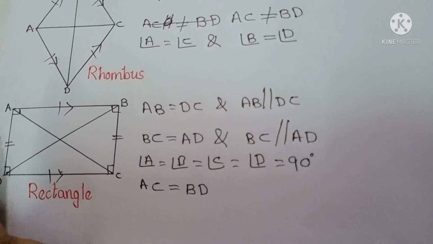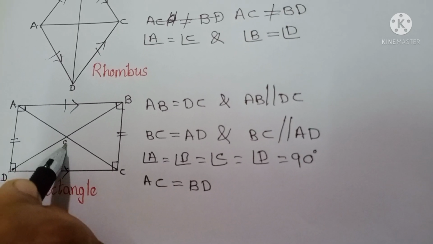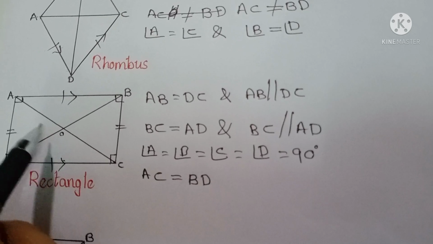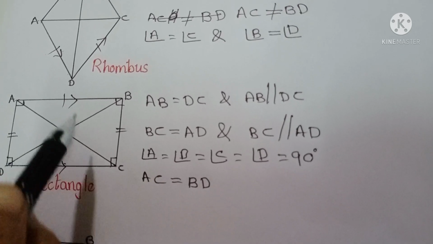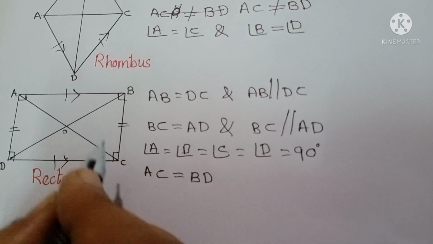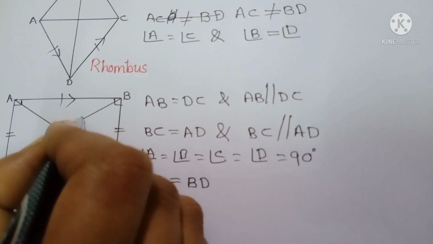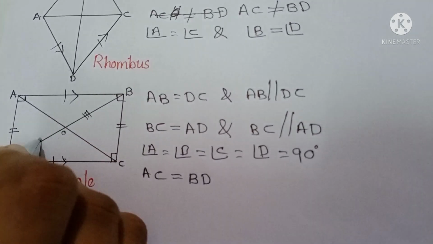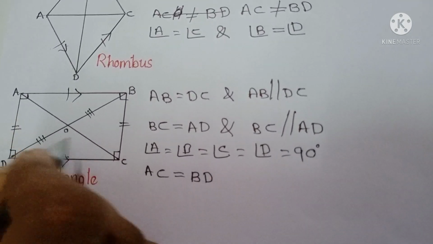The diagonals intersect at O. The diagonals bisect each other. That's why AO is equal to OC.